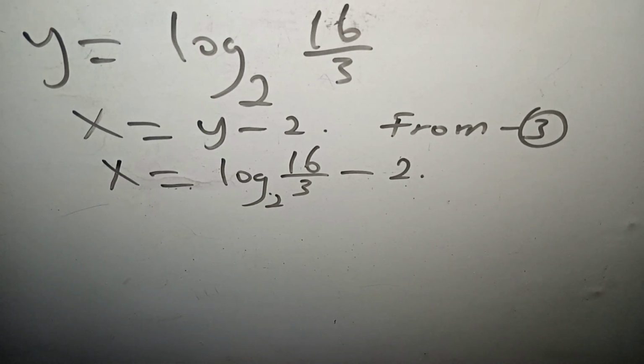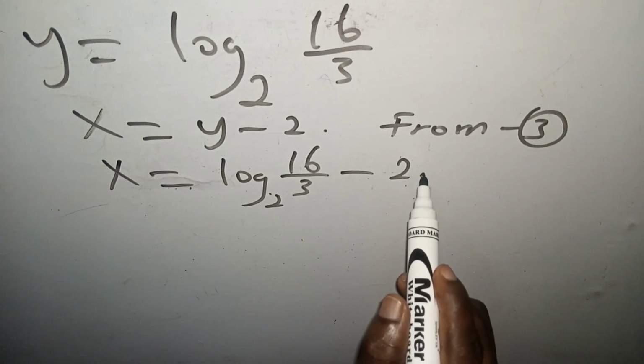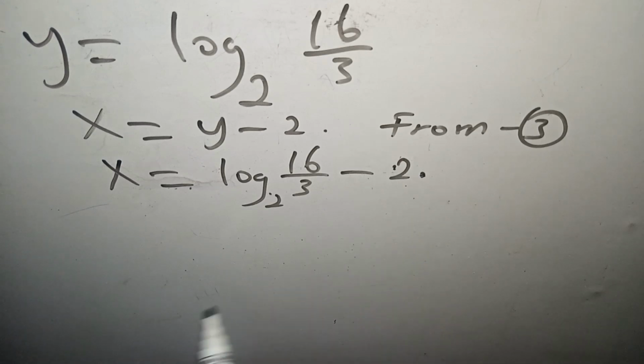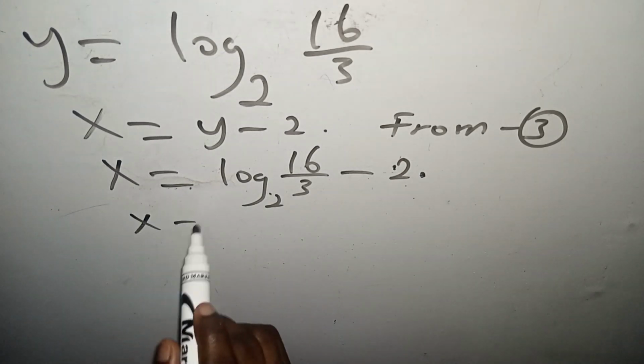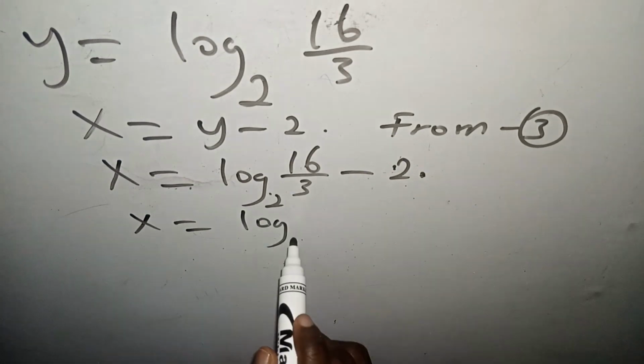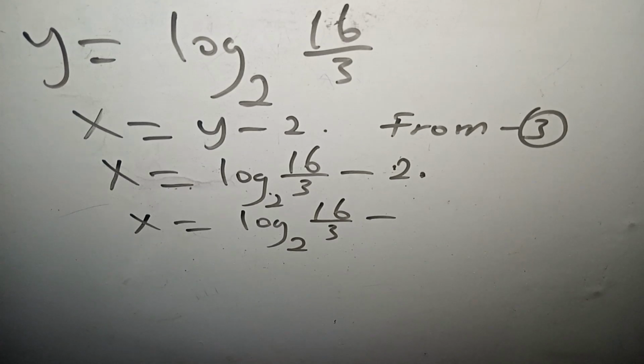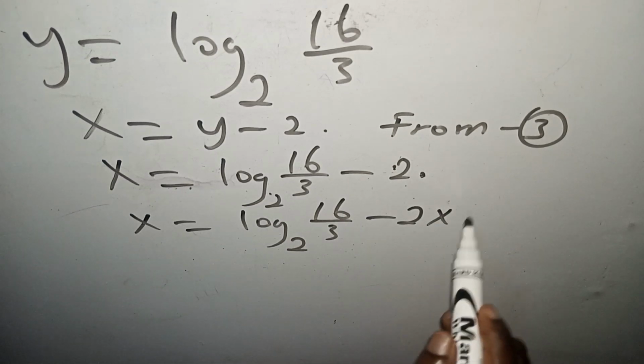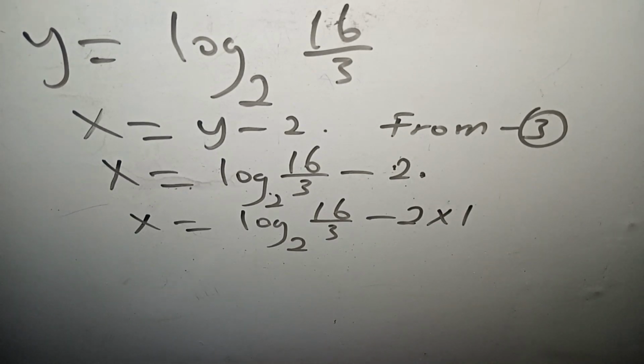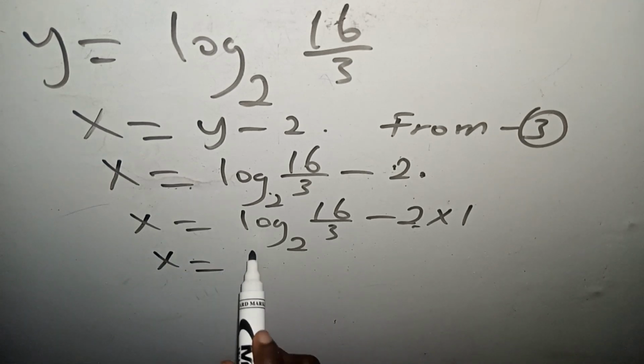Okay, having done that, I remember we said we can simply transform this by saying our x is also equal to log 16 over 3 to base 2 minus 2 times 1, right? Because 2 times 1 is going to give us 2. Any number multiplied with 1 is the number itself.